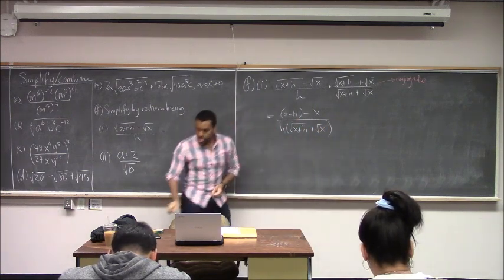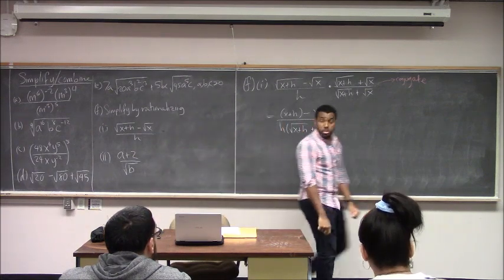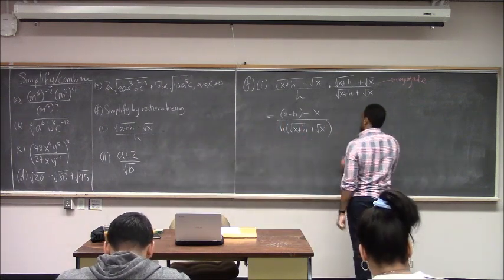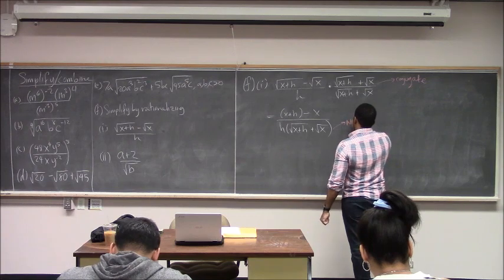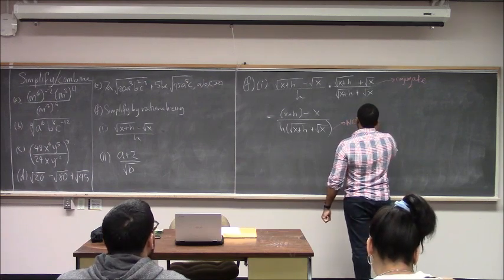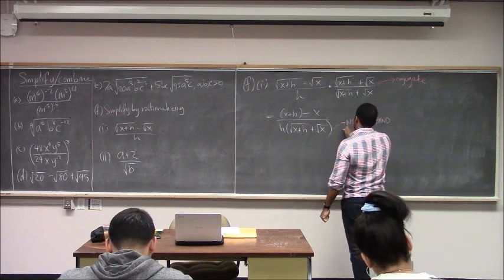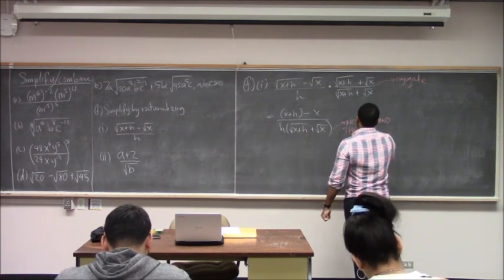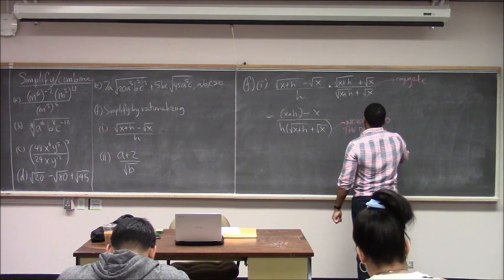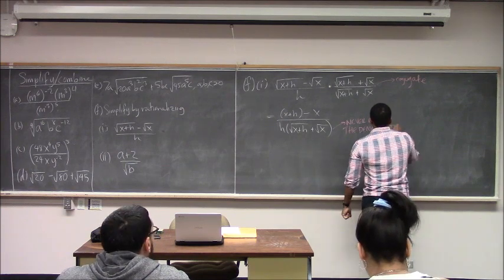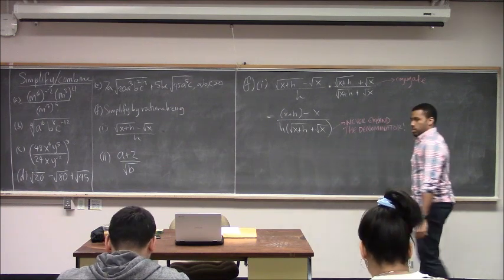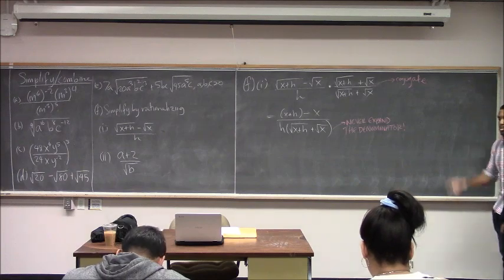I don't remember if I said this before, but whenever you're simplifying a fraction like this, never expand the denominator. You always want your denominator in factored form. Because ultimately you want to simplify something by canceling stuff.